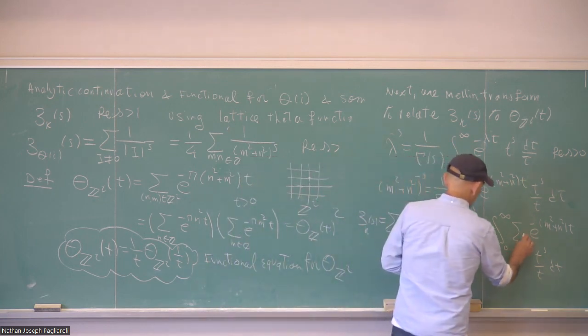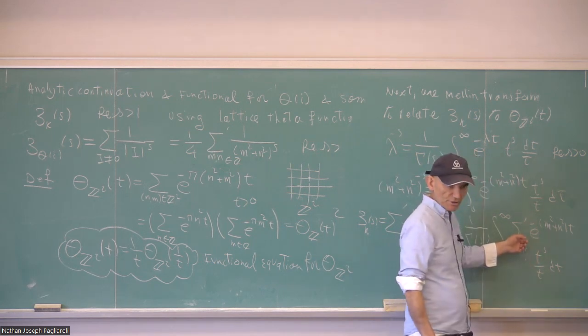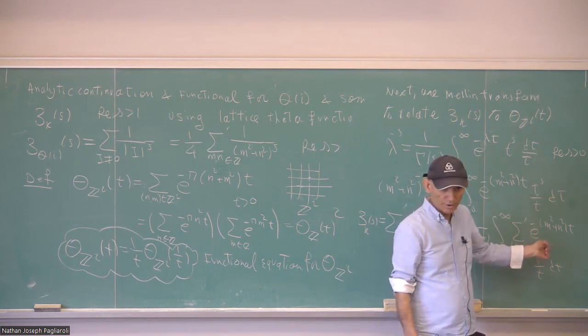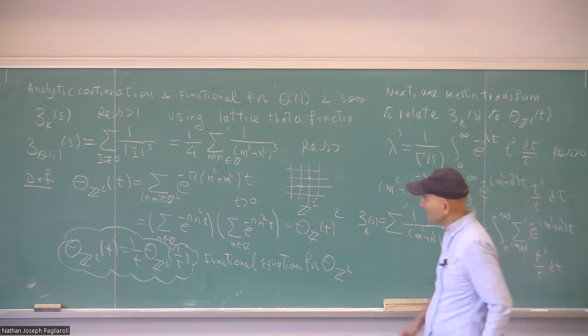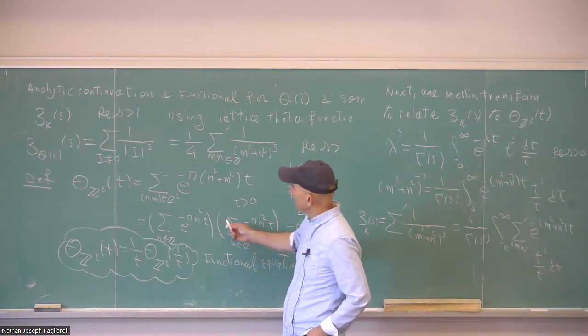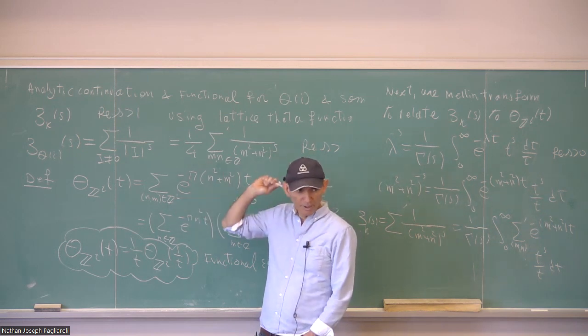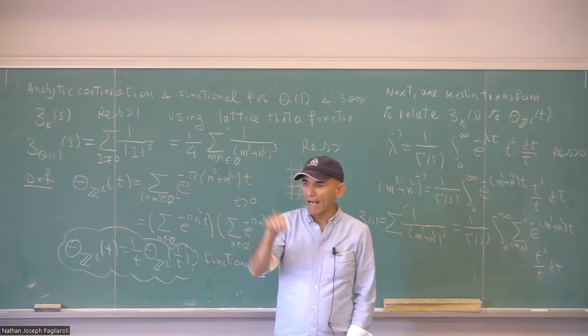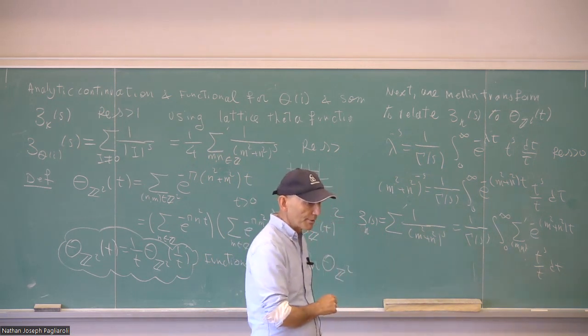This is again a restricted sum because (0,0) is excluded. But we have to bring it into the game because in the theta, (0,0) is included. So you just do that by adding 1 and subtracting 1, and then you go from there.